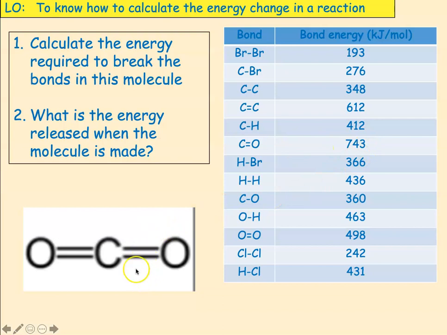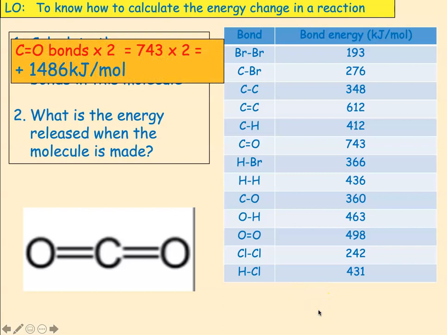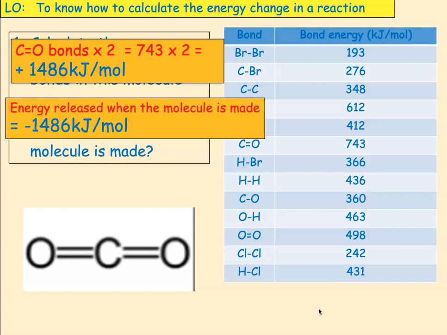We've got 2 of them, 1, 2. So we've got 2 times 743, which is 1,486. And how much energy is released when we make this molecule? Minus 1,486.